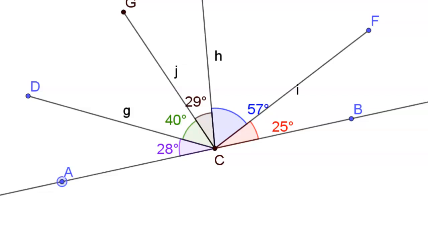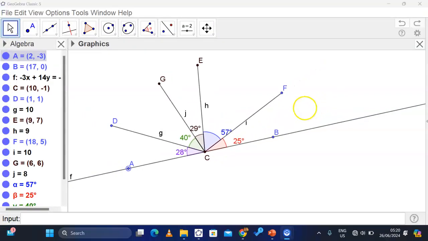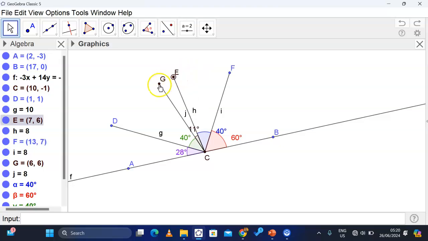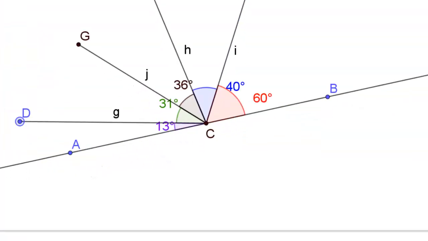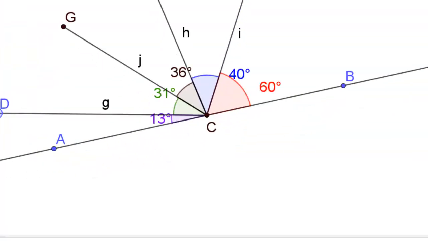Good. Even if I change the dimensions, let me just change them a bit. You see all these angles once again. Now I want you to pause the video again and sum all these angles, and let's see what happens. So you are adding 13 plus 31 plus 36 plus 40.